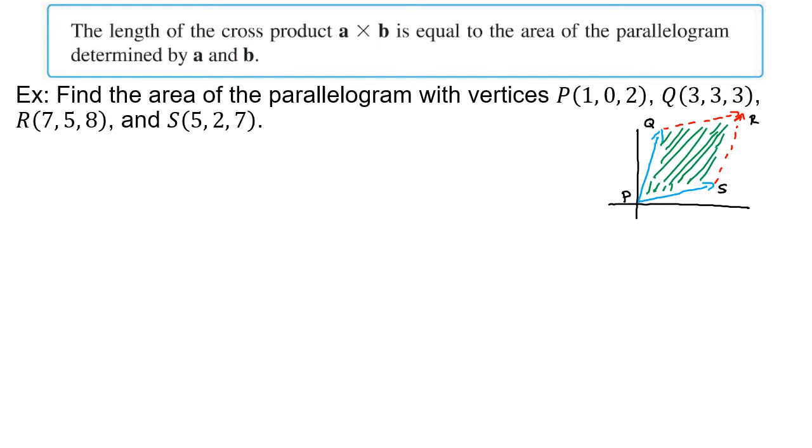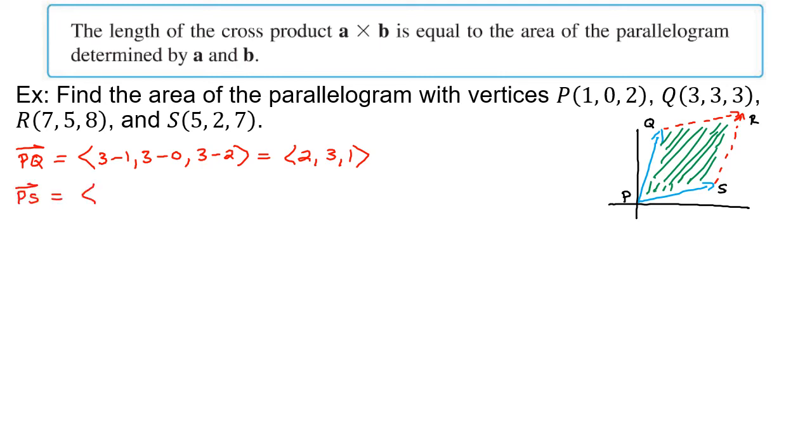I need to find my P to Q vector, which in our case, I would subtract P from Q. So I'll get a 3 minus 1, a 3 minus 0, and a 3 minus 2. That would be 2, 3, 1. And I want to do a P to S vector.